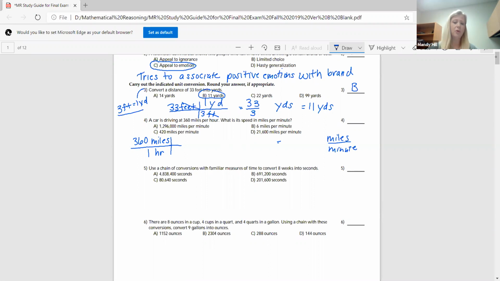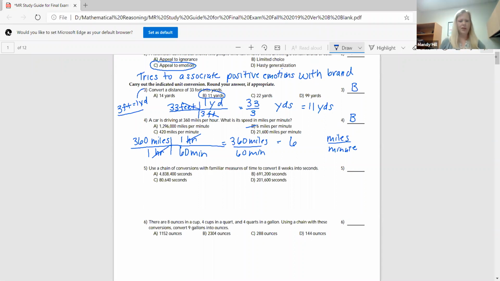So the miles part is good, but we need to move our hours to minutes. And I know that 1 hour has 60 minutes in it. So the hours would cancel out, and we would get 360 miles on the top divided by 60 minutes on the bottom. 360 divided by 60 would give me 6 miles per minute, which would be the right answer of B on this one.